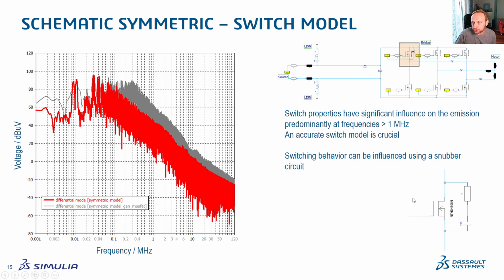If you're switching at 10 kilohertz, of course the low frequency current has to go to the motor. It's required to drive the motor. But for the high frequencies, let's say in the megahertz range or several hundred kilohertz, you want to keep them.